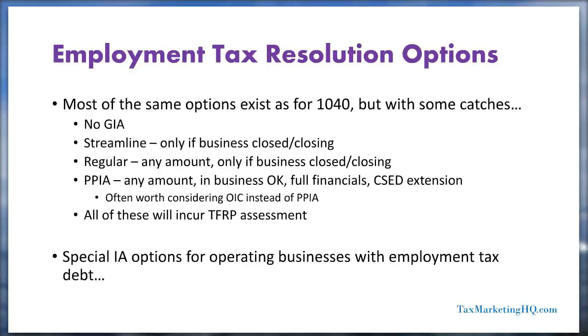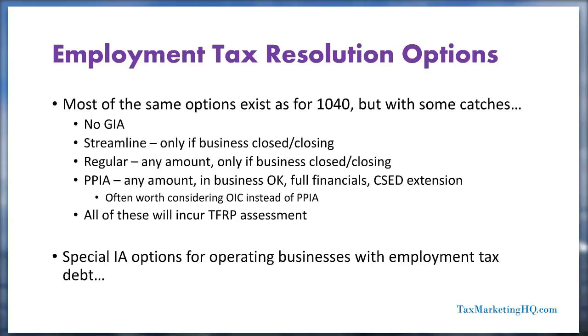So what are the resolution options available to a taxpayer? The reality is that most of the same options exist as for the 1040 liabilities, but with some catches. For example, guaranteed installment agreements are only available for income taxes and only for the personal side.